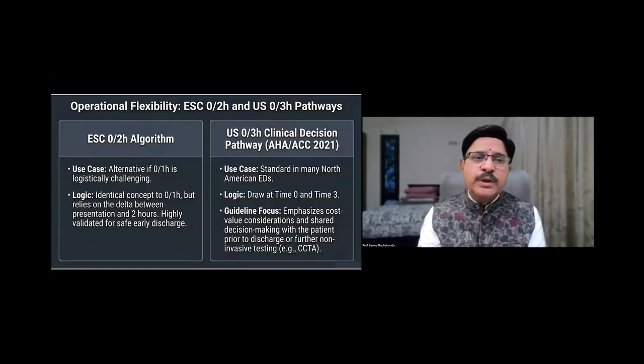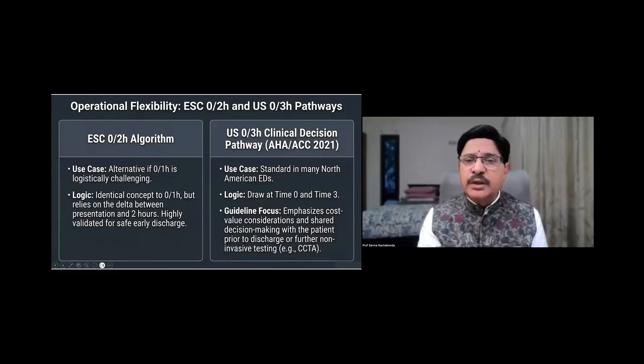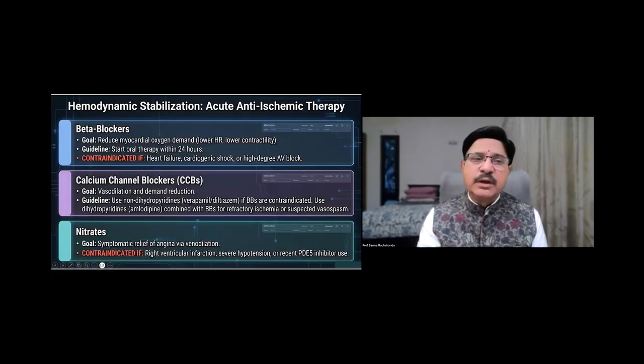Now, the European Society of Cardiology 0-2 hour algorithm, and the US 0-3 hour algorithm of the AHA/ACC 2021 guideline. This one says 0 and 1 hour, at the most 2 hours only. Here they say 0, 1, 2, 3. If 1 and 2 are not rising, wait for the third hour and then decide. That's all the difference.